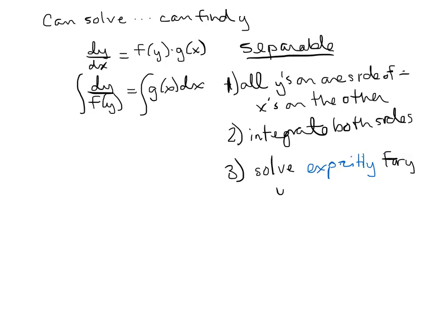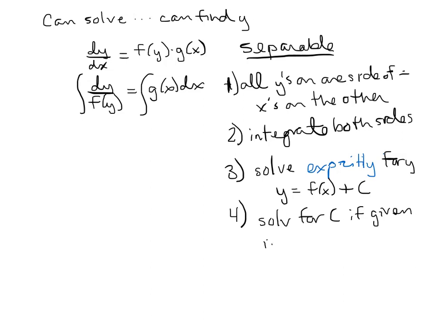And what this means is that you're going to get y equals, and you'll get some function of x. And because of integration, you're always going to end up with a c in there. So I'm going to put a fourth step to this. And that fourth step is to solve for c if you're given some sort of extra conditions. A lot of times we call these initial conditions.